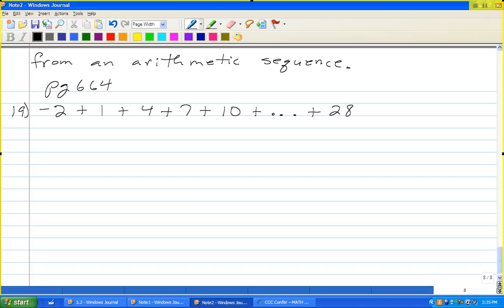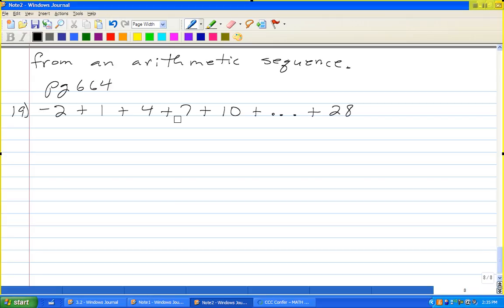Okay, so in this case, I notice that the underlying sequence, -2, 1, 4, 7, 10, etc., is arithmetic because I'm always adding 3. -2 plus 3, 1 plus 3, 4 plus 3, 7 plus 3, 10, 13, 16, 19, 22, 25, 28.